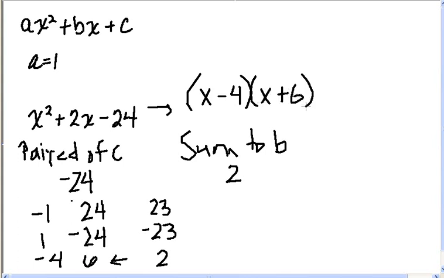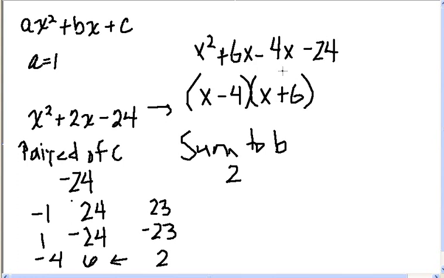All right? And anytime we factor something, we can always use FOIL and go backwards to check. FOIL means multiply my two first terms, I get x squared. My two outer terms, I get 6x. My two inner terms, I get minus 4 times x, minus 4x. And my two last terms, I get minus 4 times 6, or minus 24.